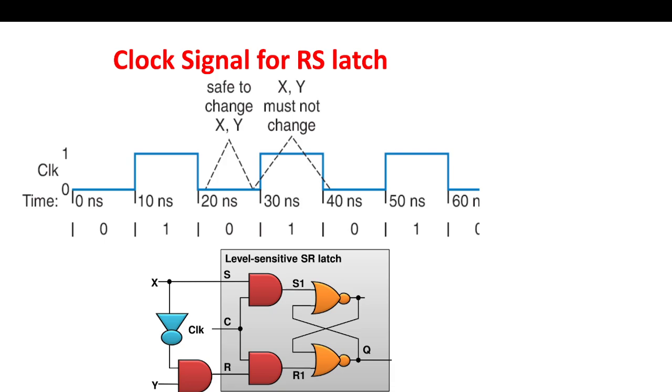Whenever the clock, instead of enable, if we keep this as the clock signal, so this duration, when the clock is 0, X and Y state can change. But in this duration, when the clock is 1, we should not change the X and Y so that it will not affect.